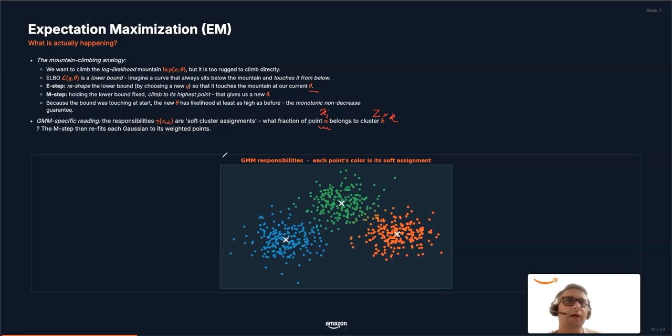In fact, it can be shown that if your GMMs are such that they are single discrete distributions centered at each data point, then your expectation maximization will lead to k-means. It becomes a hard cluster assignment.